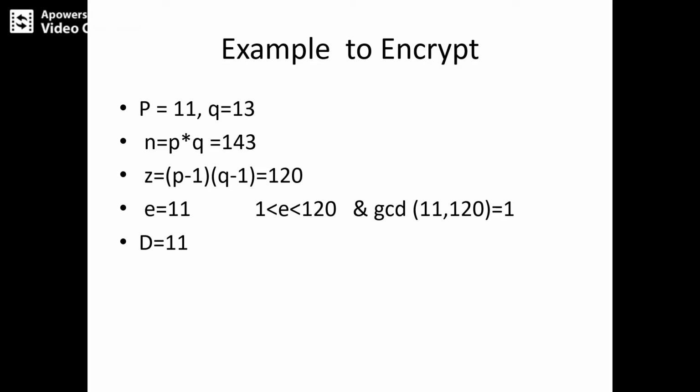In this case, when D becomes 11, E into D mod 120, 11 into 11 mod 120, breaks the condition. So the D value is 11.